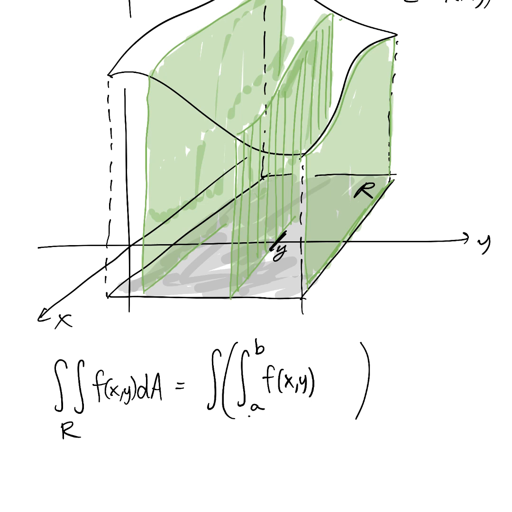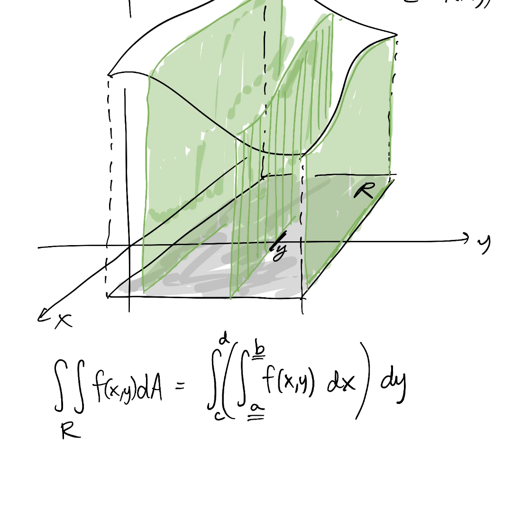So since these are x limits of integration, this integral must be done dx. And inside the parentheses, what you have is the area of that one slice. And then you're going to add up all those slices from c to d. And that outer integral is done with respect to y, because the quantity inside the parentheses depends just on y.